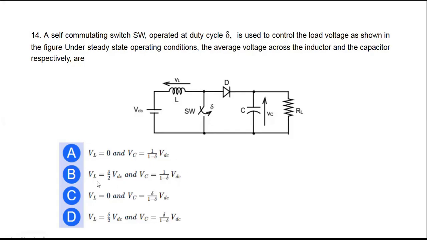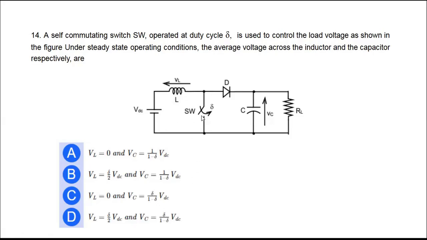Option B is VL equal to delta by 2 into VDC, and VC is equal to 1 by 1 minus delta into VDC. Option C is VL equal to 0 and VC is equal to delta by 1 minus delta into VDC. And option D is VL equal to delta by 2 into VDC and VC is equal to delta by 1 minus delta into VDC.